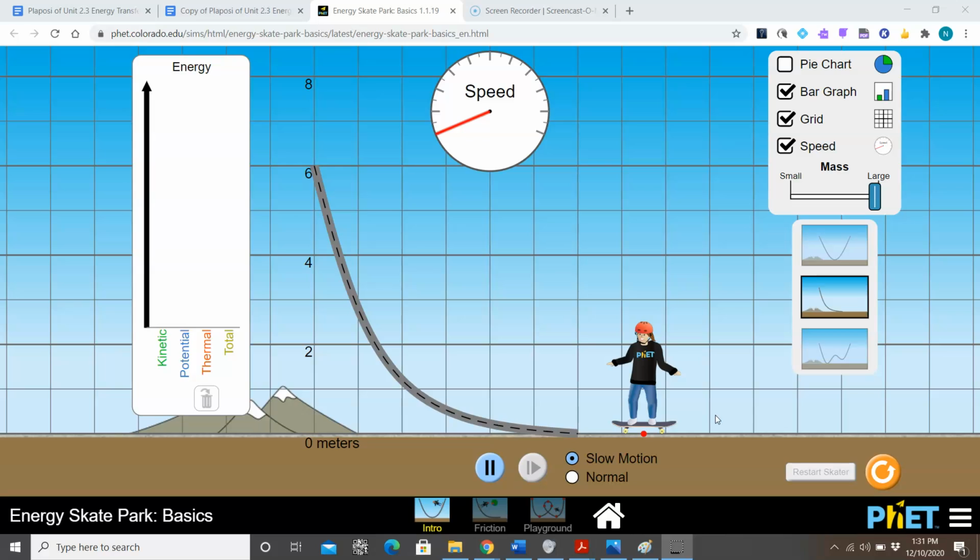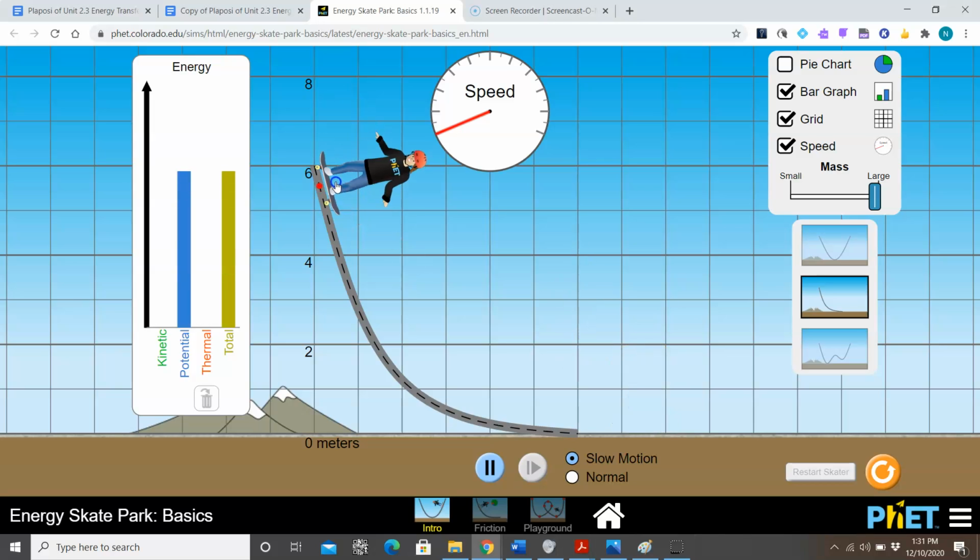Now that we have the height of the ramp, what you're going to do now is monitor the speed of the skateboarder at the top and the bottom of the ramp. So here the skateboarder is at the top of the ramp. What's the speed of the skateboarder?